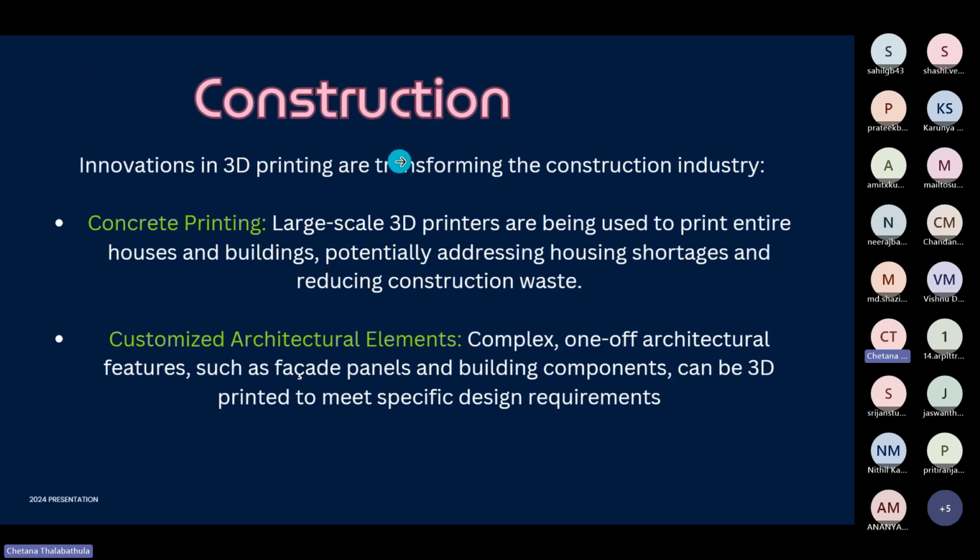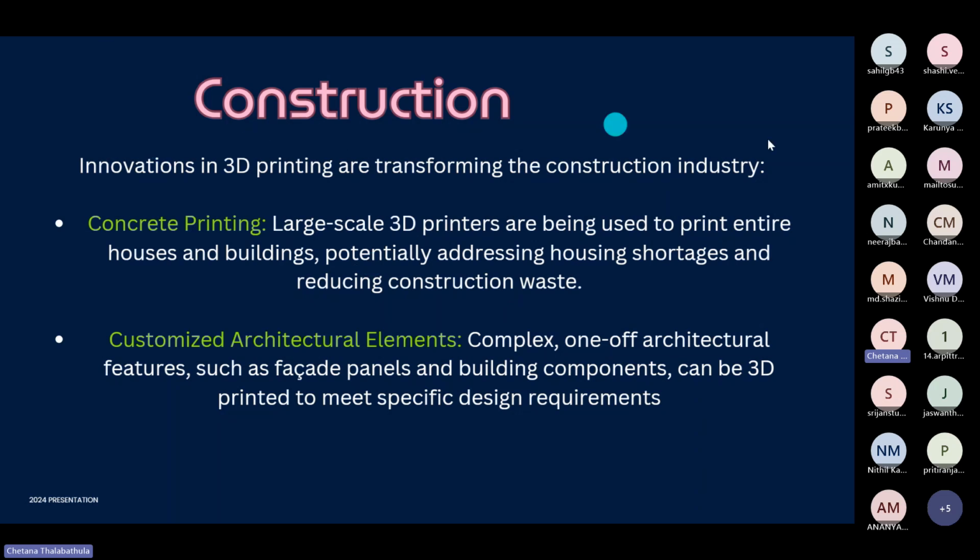And one of the most important is construction. In construction the 3D printing is used because the time constraint is very reduced. Printing and a lot of manpower required is reduced. The accidents happening during that time, everything is reduced to a minimum.